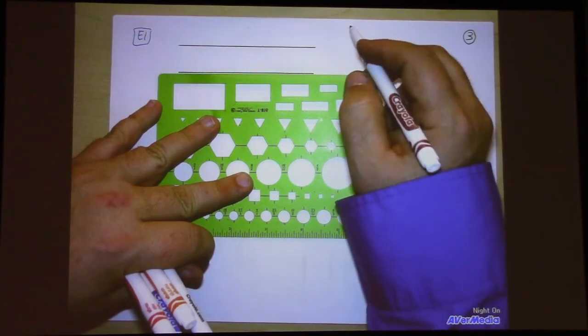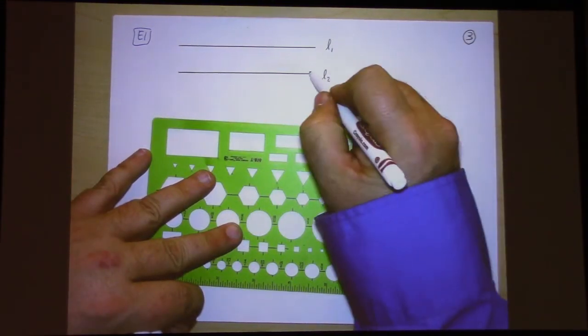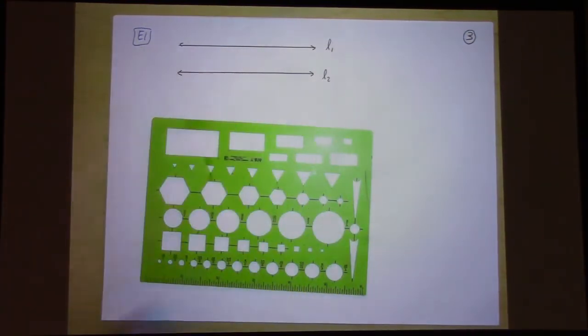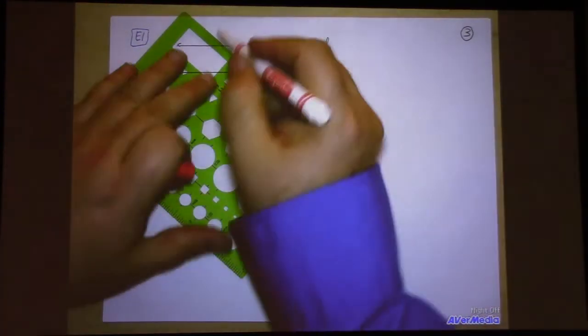And your book calls the one L1. And you label the other one line 2, line 1, line 2, like this. All right, they're supposed to be parallel. And then you've got another line which intersects them, like so. All right.